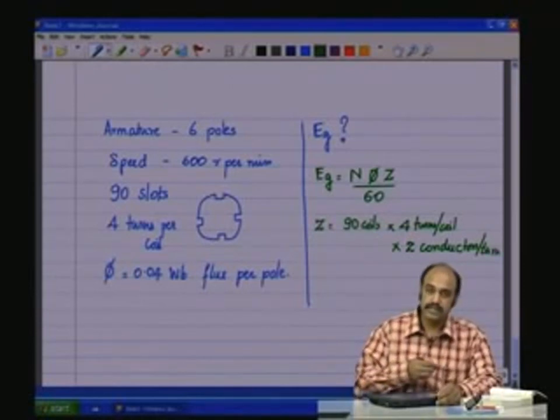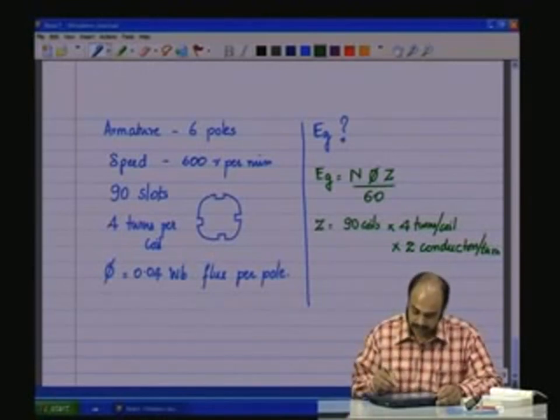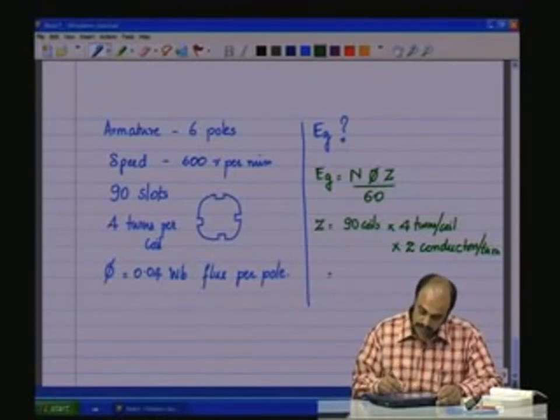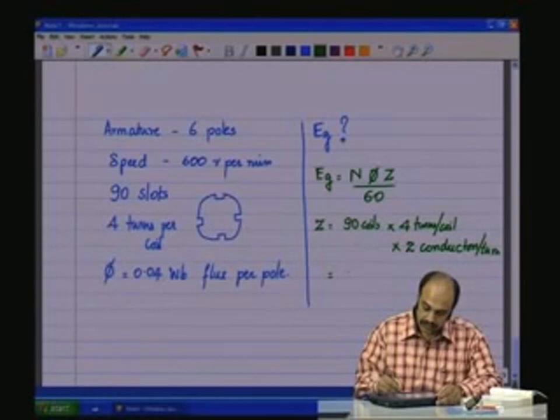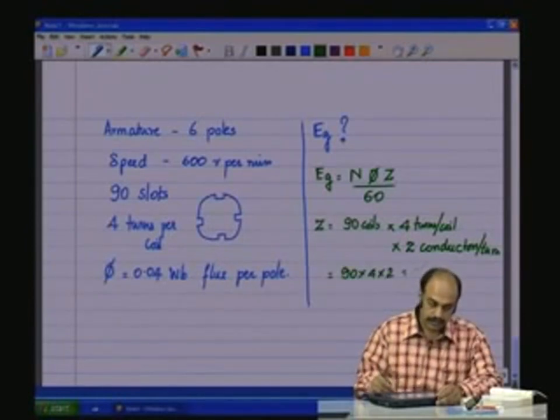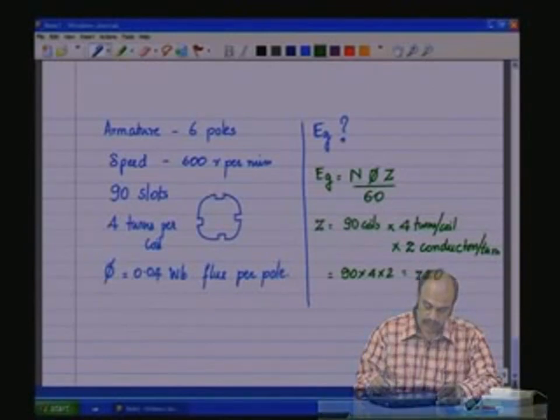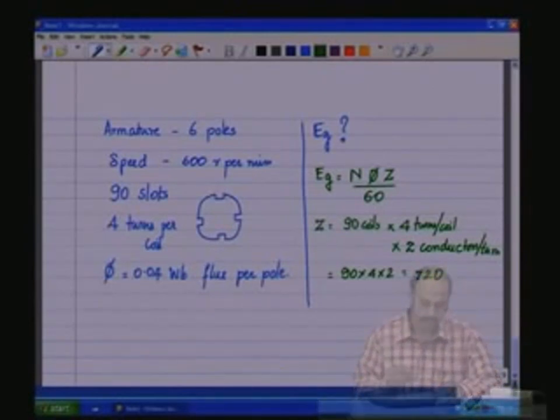For every turn, there are 2 conductors which are diametrically opposite, 2 coil ends basically. So, this equals 90 into 4 into 2, which is 720 total number of conductors.